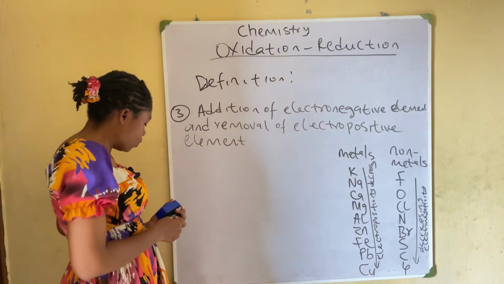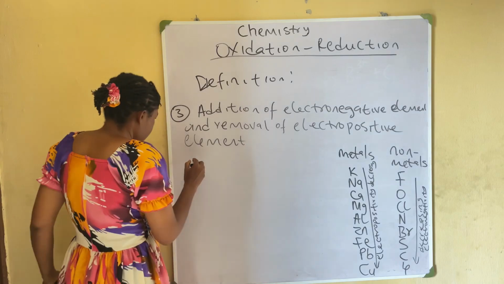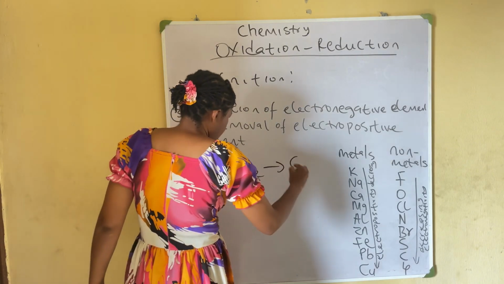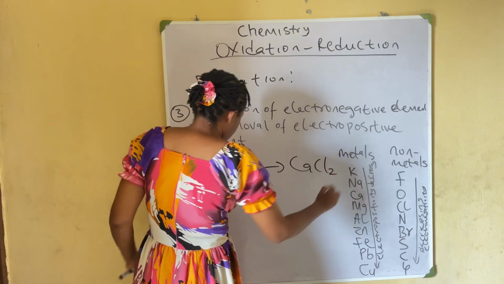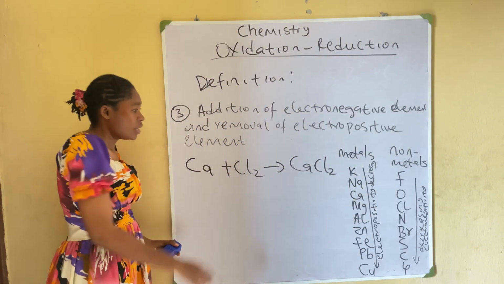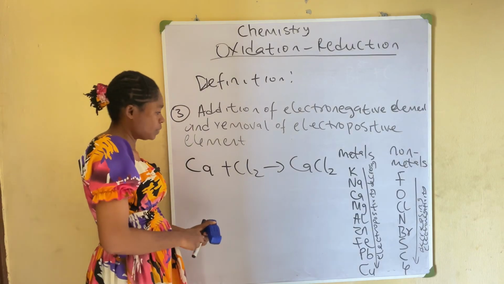Let's look at this example. Look at the reaction between calcium reacting with chlorine gas to give calcium chloride.